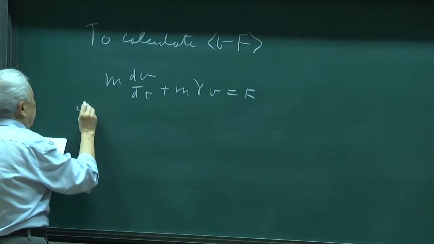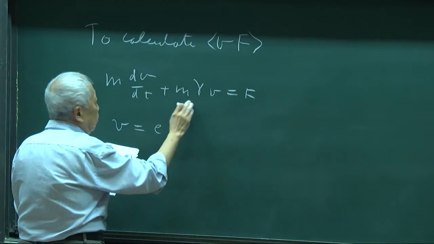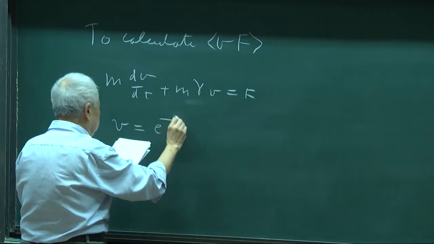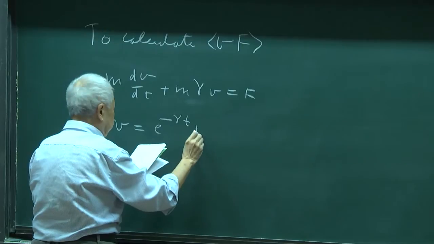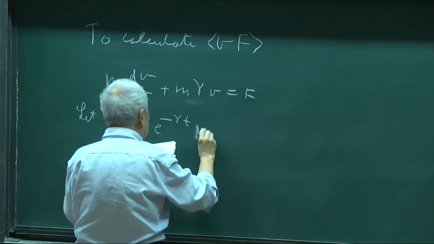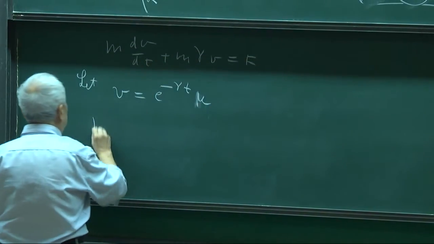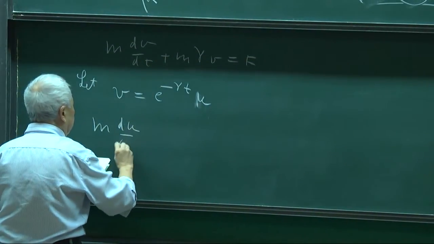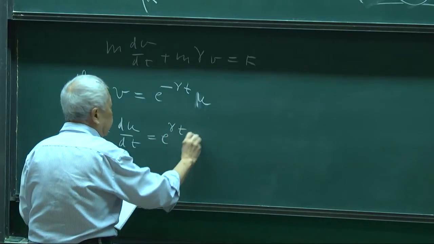And you let v equal to, we're going to remove this term, so it's e to the minus gamma t times u. And then m du/dt is equal to e to the gamma t times f.